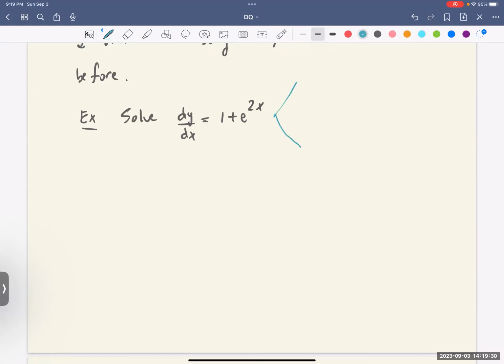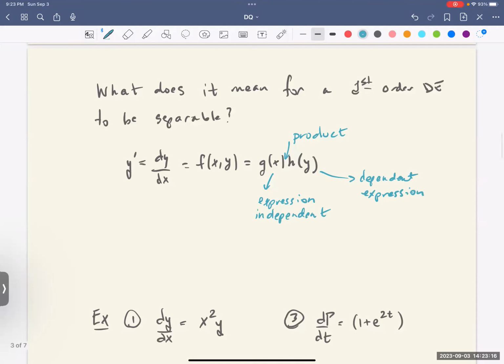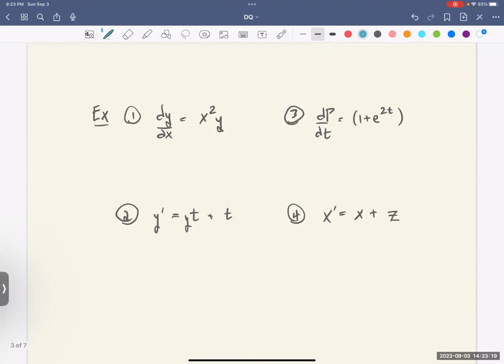We have a product of two expressions, an independent variable expression and a dependent expression.